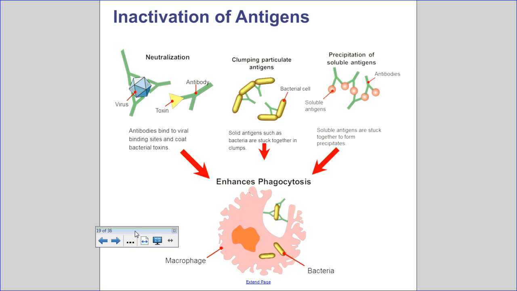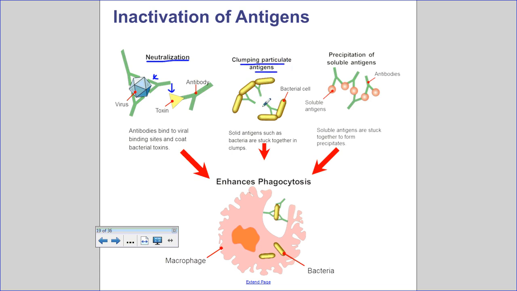Antibodies have a number of different roles that they can perform in the body as they help clear out infection. They can act to neutralize, for example, a virus or a toxin by simply binding to them. It will prevent them from infecting a cell or targeting a cell. Antibodies can cause clumping of antigens as well.